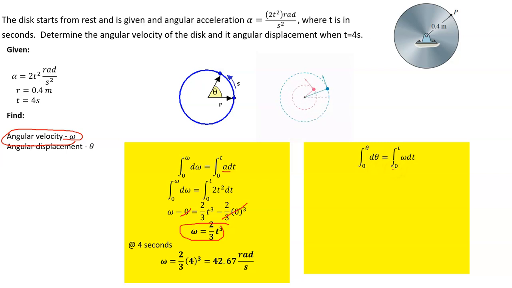And again, we have this window of time, 0 to 4 seconds, and this 0 starting from rest to some displacement. And we'll go ahead and solve that one. On the left side of the equation, you have the final displacement minus the original, which is going to be 0. And on the right side of the equation, since this is so simple, add 1 to the exponent, omega squared divided by the new exponent. So 1/2 omega squared, starting from 0 and going to 4 seconds.